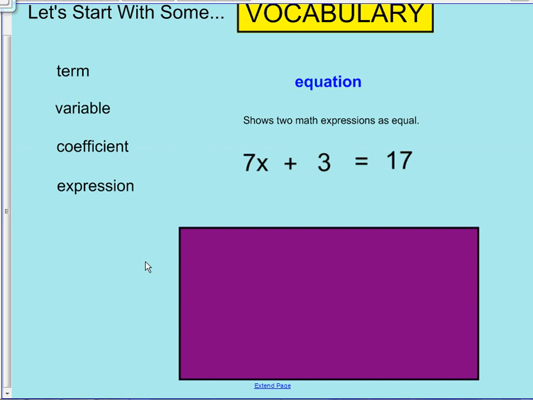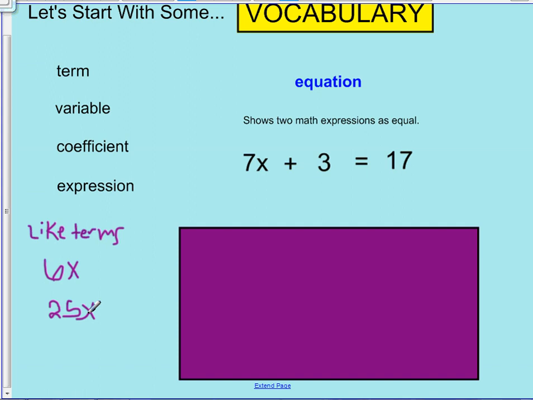Like terms. An example of like terms could be, for example, 6x and 25x. The reason these are like terms is because you can add them together.